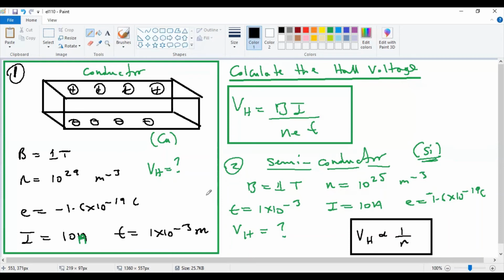All right, so what you should see in your answer is that V_H for the conductor should be smaller than for the semiconductor. Based on the relationship, V_H is proportional to 1 upon n.